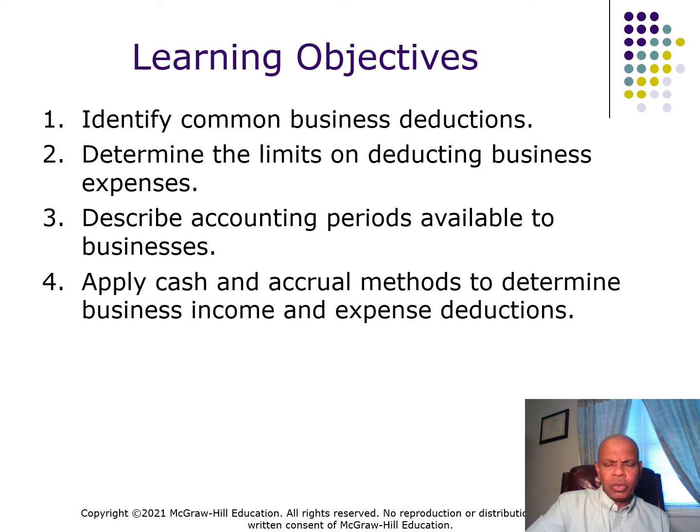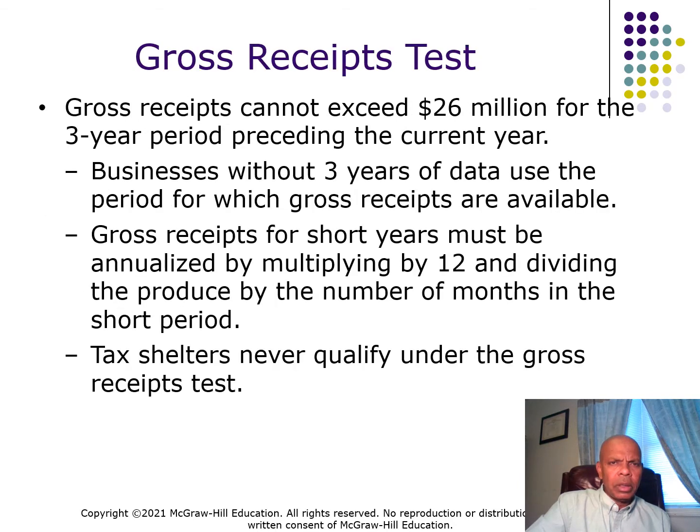If your gross income is less than, I think this year 2020, about 26 million or somewhere around. Gross receipts cannot exceed 26 million for the 3-year period preceding the current year. A business without 3 years of data uses the period for which gross receipts are available.